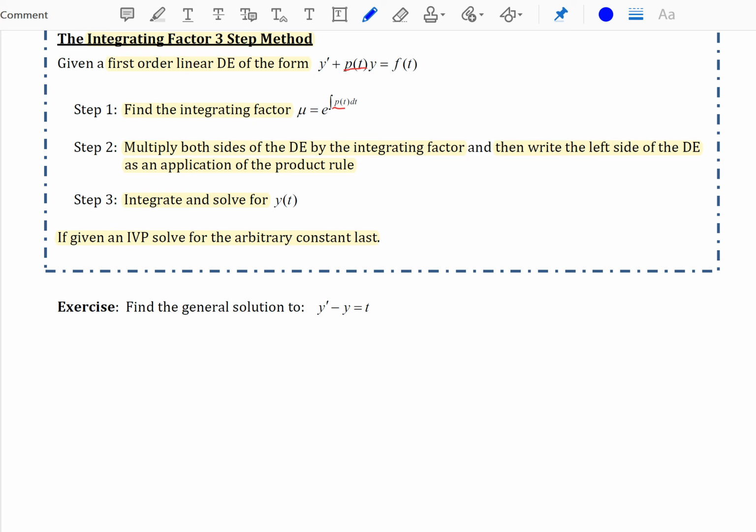Find the general solution to y prime minus y equals t. Here we first look for the integrating factor. So our integrating factor is going to be mu equals e raised to the integral of p of t dt, where p is always going to be the coefficient of y.